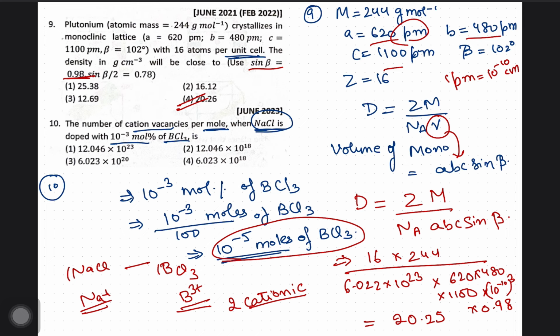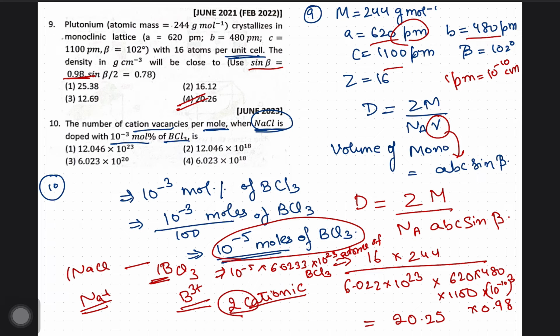We know that this much moles of BCl3 means this much 10 raised to power minus 5 into 6.022 into 10 raised to power 23 atoms of BCl3. Now for 1, 2 cationic vacancies are created.